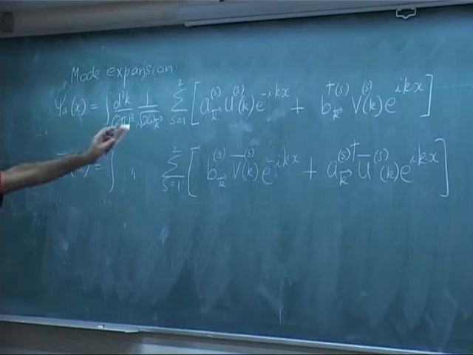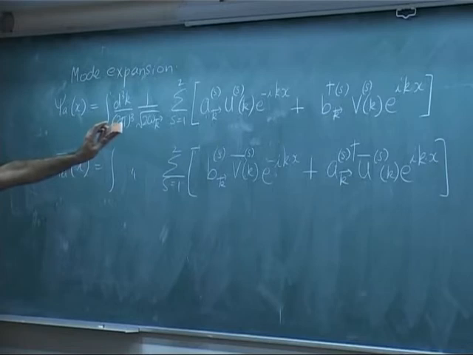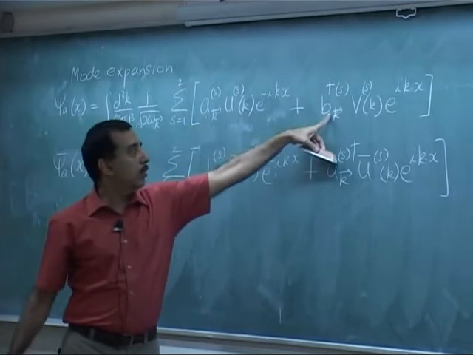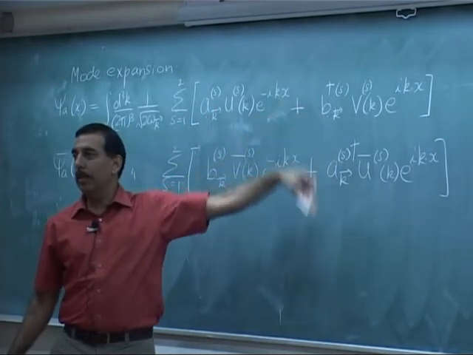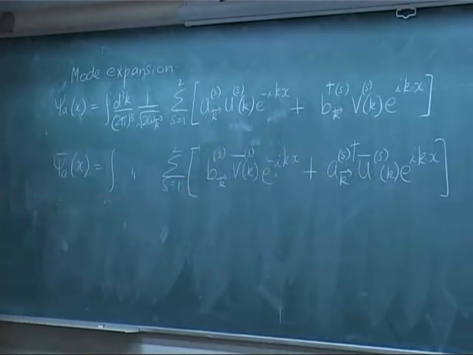So conceptually it looks quite similar to the case of a complex scalar field, with destruction of particle, creation of antiparticle, or destruction of antiparticle, creation of particle appearing in two places.